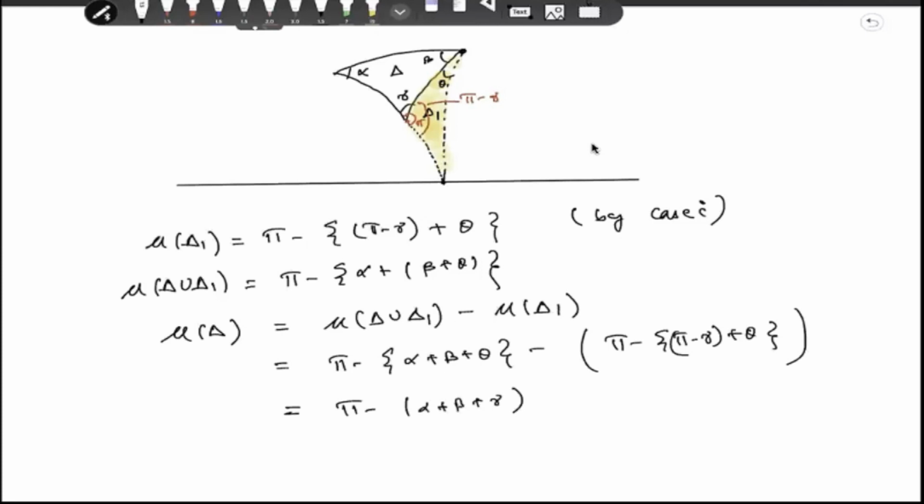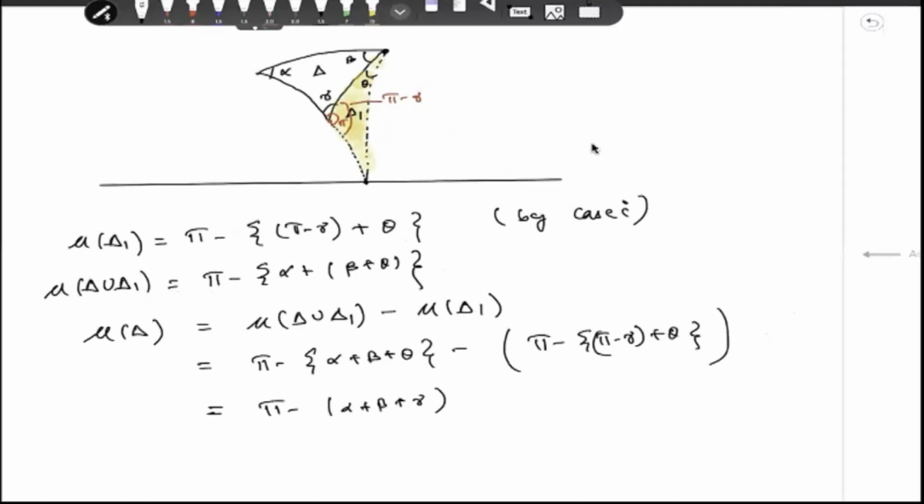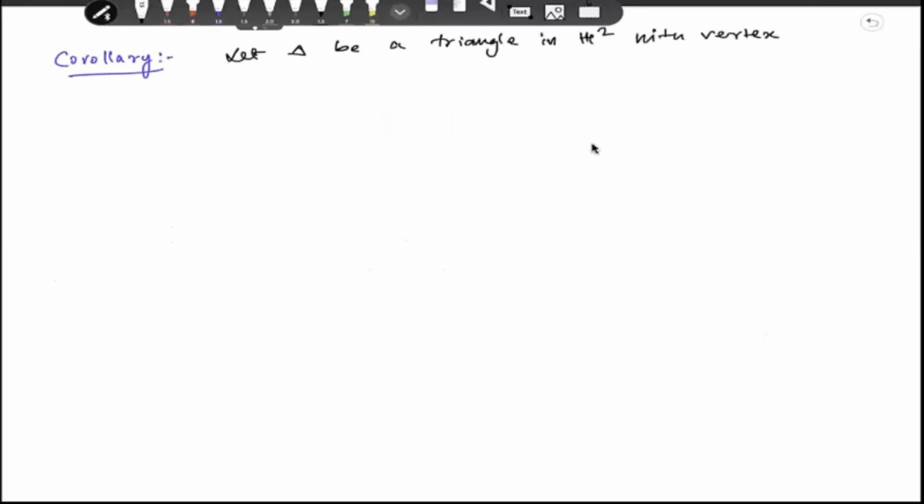So therefore we have proved that the area of a triangle is equal to pi minus alpha plus beta plus gamma. Okay, so as a corollary, let delta be a triangle in this upper half plane with vertex angles alpha, beta, and gamma.